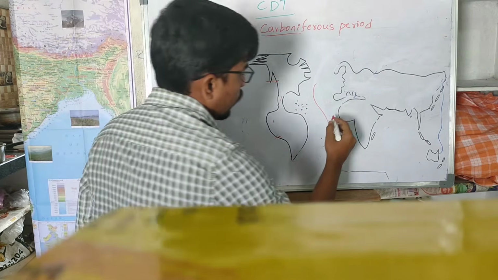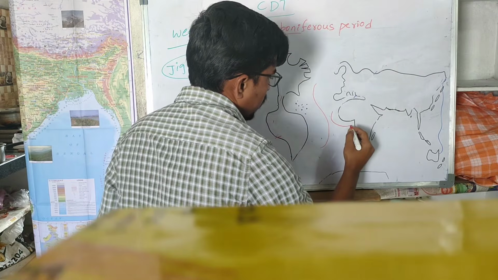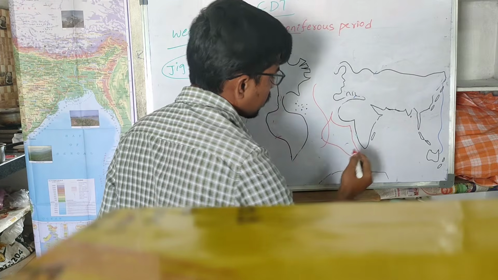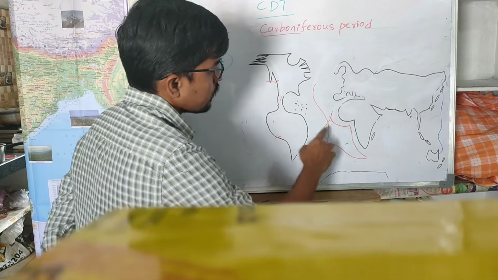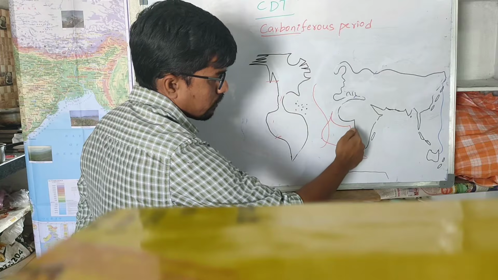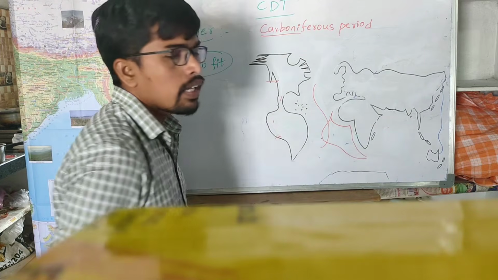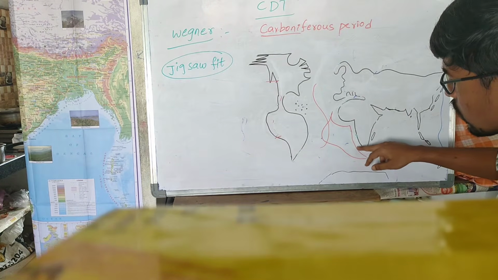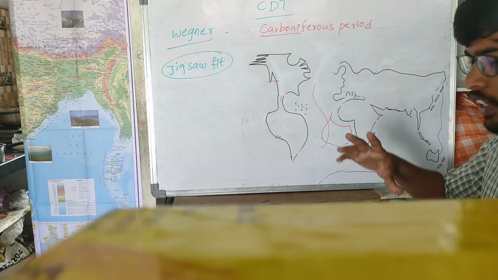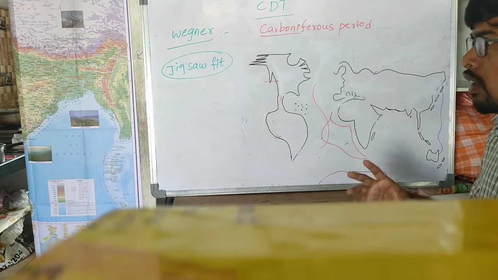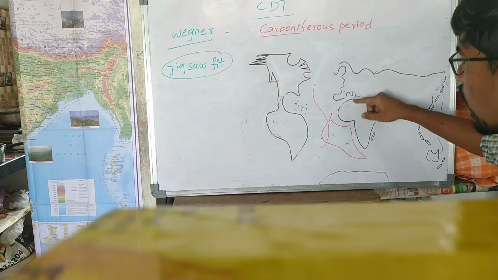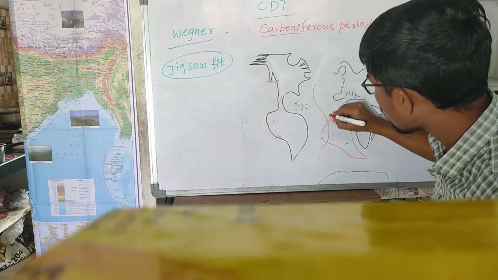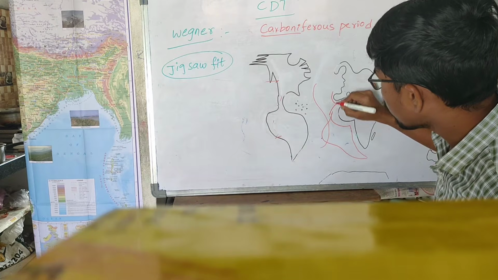If we fix the east coast and the west coast of the Atlantic Ocean, that means the boundaries of Africa and South America, they can easily fit with each other like a jigsaw. Next, here we observe North America. If you bring North America here, it can easily fit.